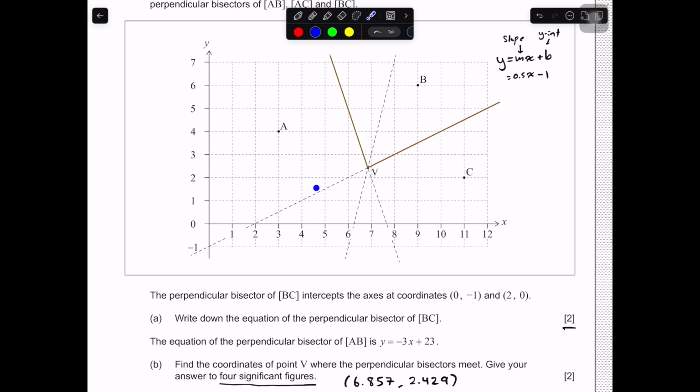And neither is this. This line is between B and C, and it's not relevant. It's actually only this line right here that's going to be important in determining which point is closest to which site. So any point within this cell, we're closest to A. Here we're closest to B, and here we're closest to C.